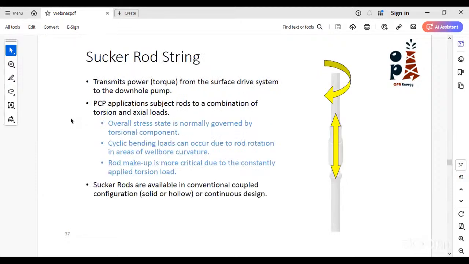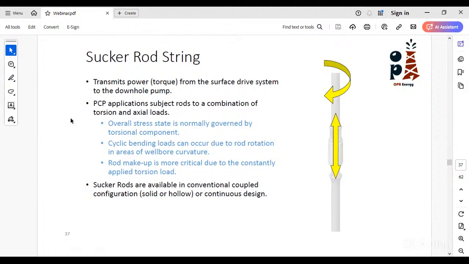The sucker rod string, this is the transition state between the surface equipment and the downhole equipment. It is responsible for transferring the torque and motion from the drive head and polished rod towards the downhole equipment, especially the rotor itself. And of course, they are affected by many stresses.